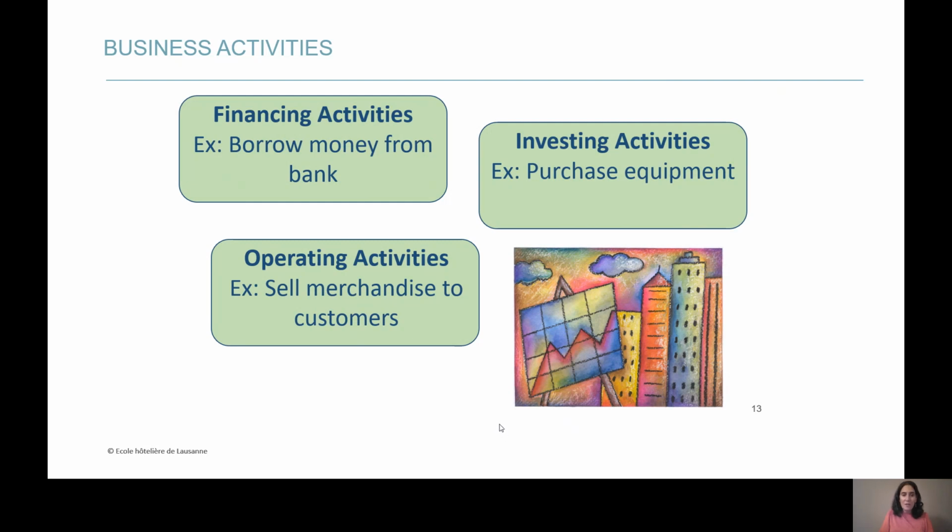On the following slide, you have examples of cash flows that will be recorded in the cash flow statement. For example, for O, operating activities, remember it's everything that is related to the main focus of the business. When I sell merchandise, when I sell bread to my customers, I receive cash.